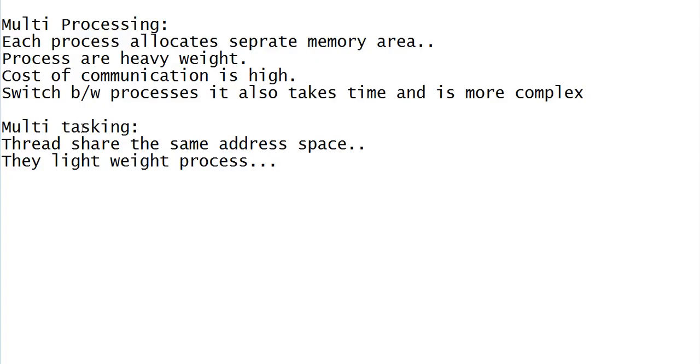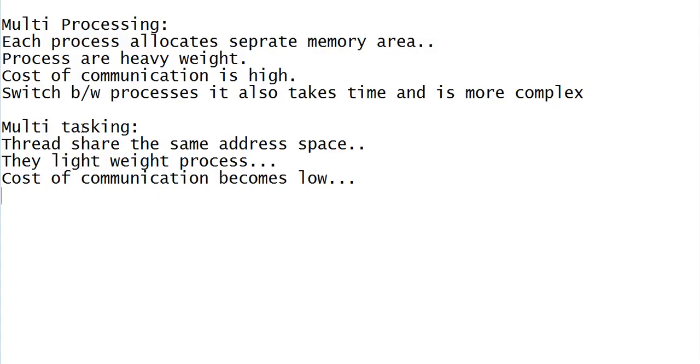You cannot further subdivide this processing. So they are very lightweight in nature. Because they are lightweight, the cost of communication becomes low. It means you can easily communicate between threads.